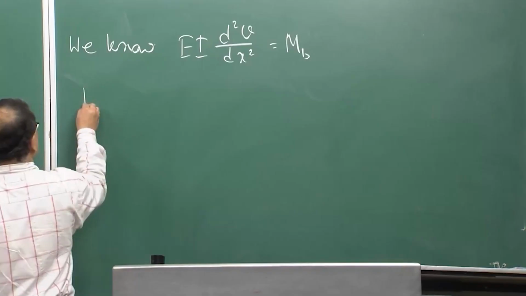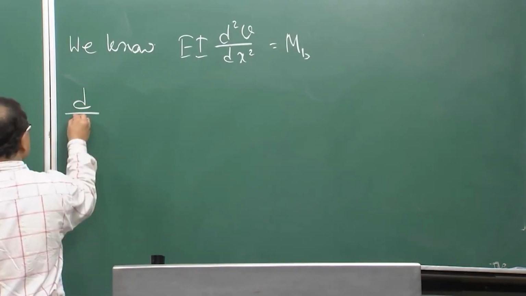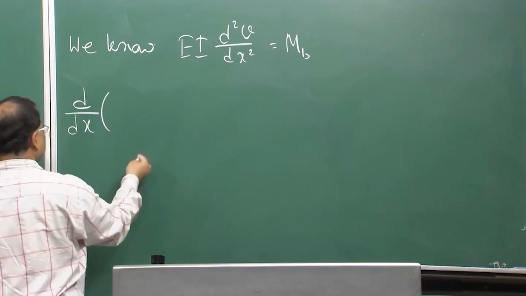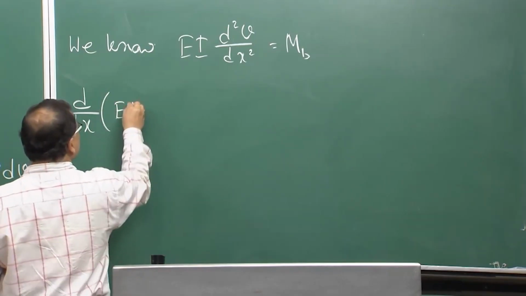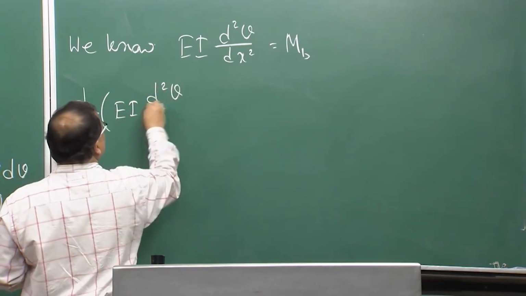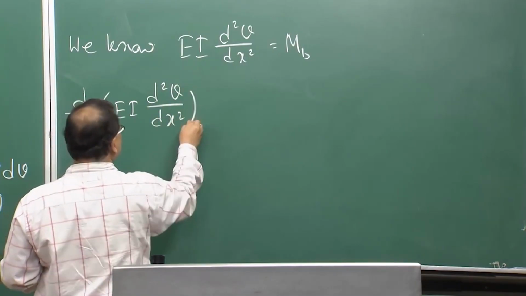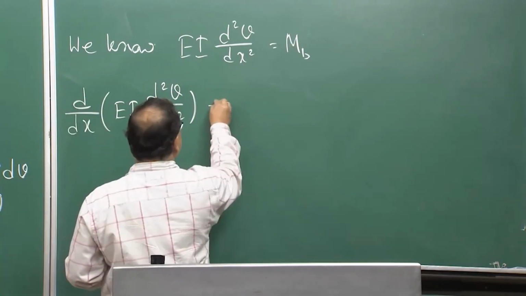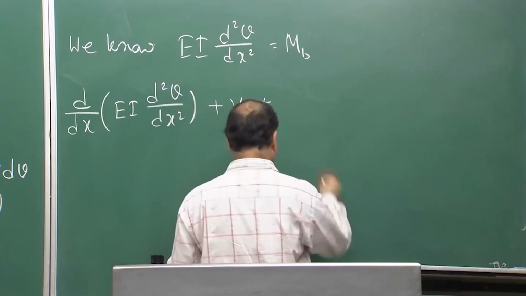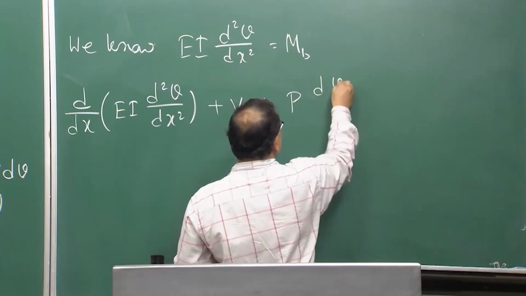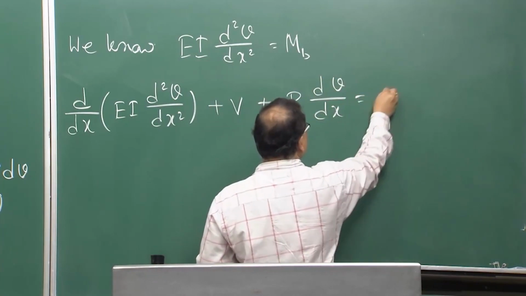So that can be written as d/dx of MB, and instead of MB I can write EI d2v/dx2, plus V plus P into dv/dx equal to 0.